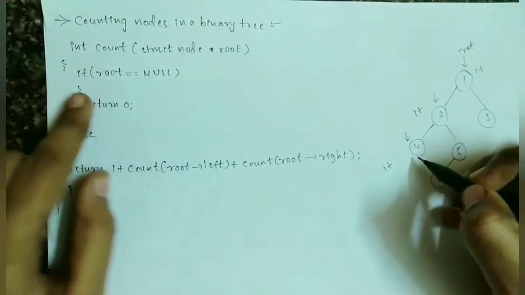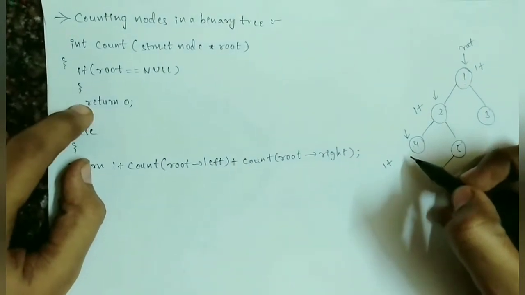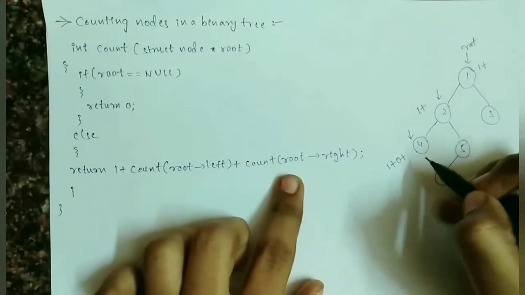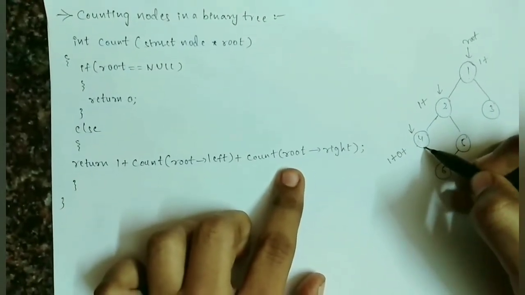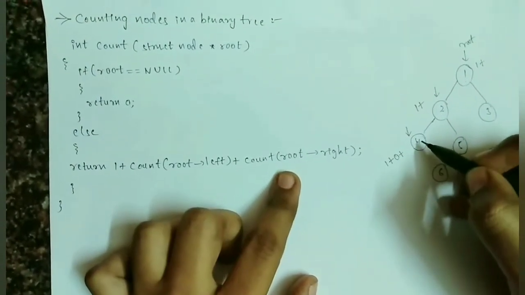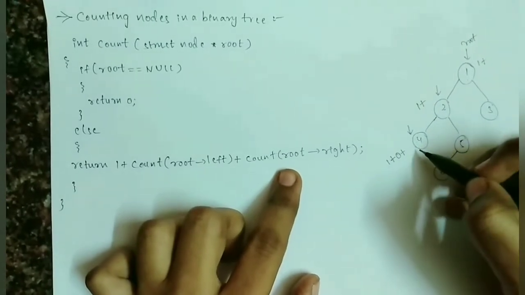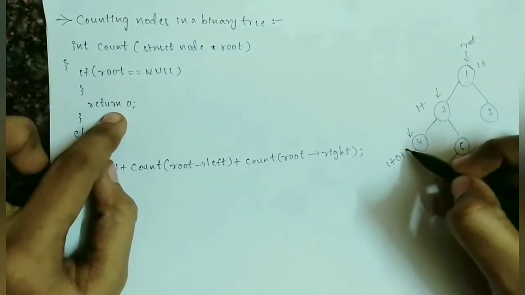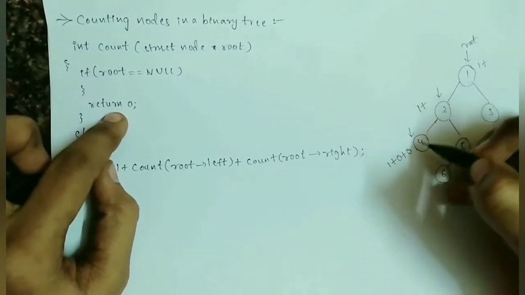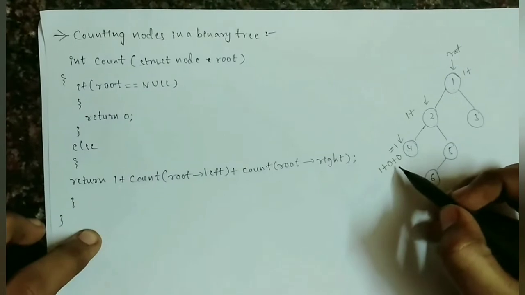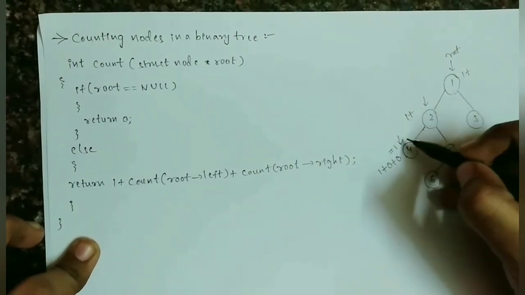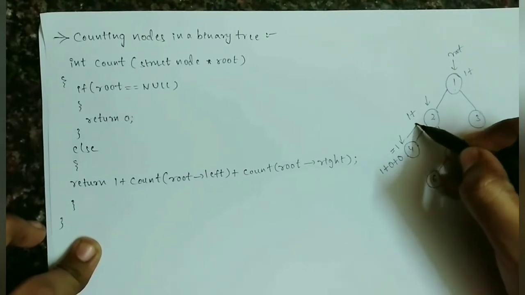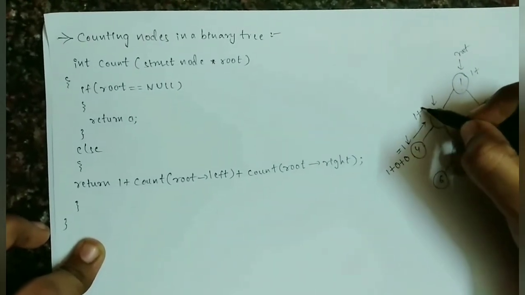Now the root becomes null, the if condition becomes true and it returns 0. The right subtree is also not present, so root is again null and it returns 0. The sum of the three parts becomes 1, and node 4 returns to its parent node, that is 2.